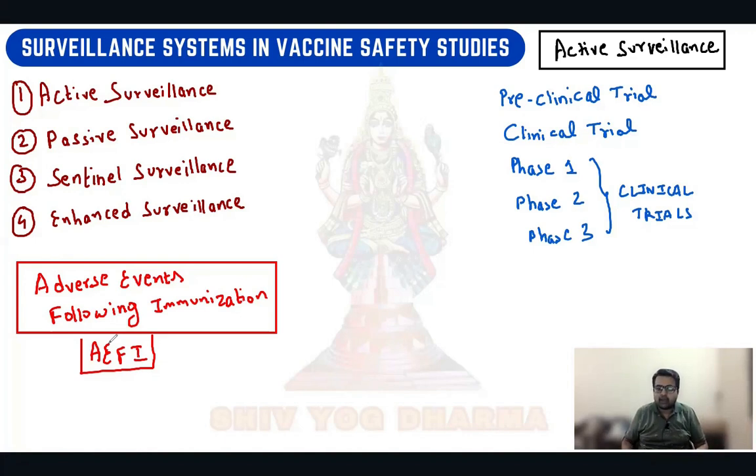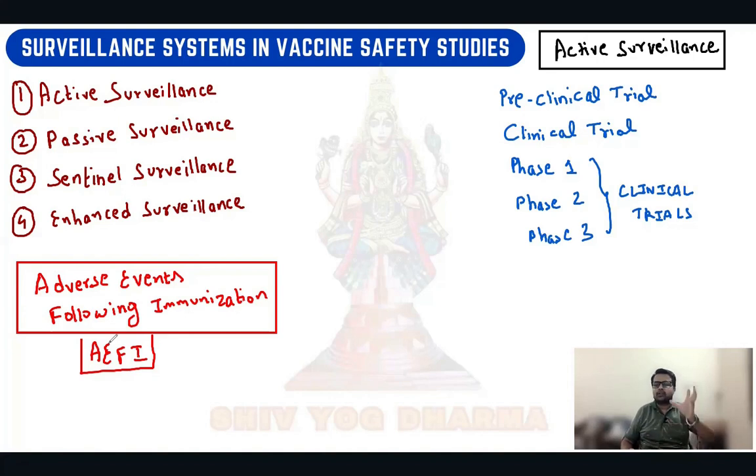If I am getting a very large number of AEFI, then the vaccine I made is of no use; I have to enhance it, I have to upgrade it, because our goal is to minimize AEFI. So the goal of a vaccine safety study is to determine the level of AEFI, and based on that, either we can launch the vaccine, or we can put more effort into making it more reliable.